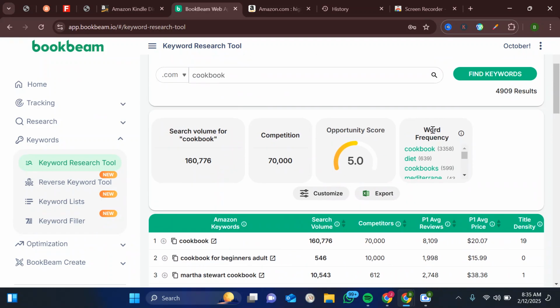Our major focus now is this word frequency, that is the word that is joined with cookbook to give us a long tail keyword. So we'll scroll down. Our aim is to look for ones with low word frequency.